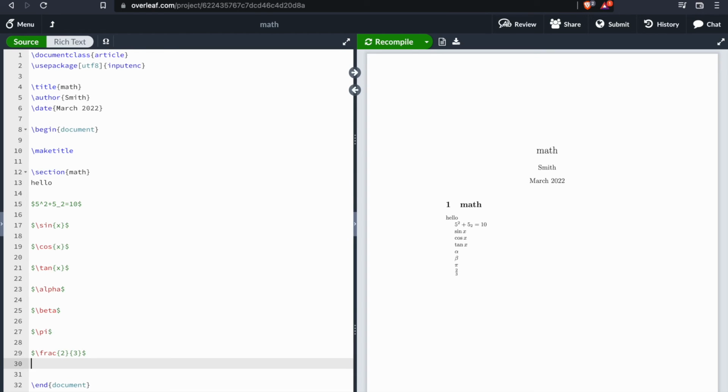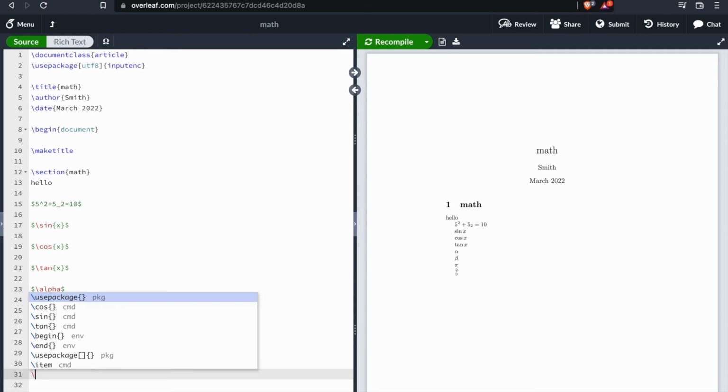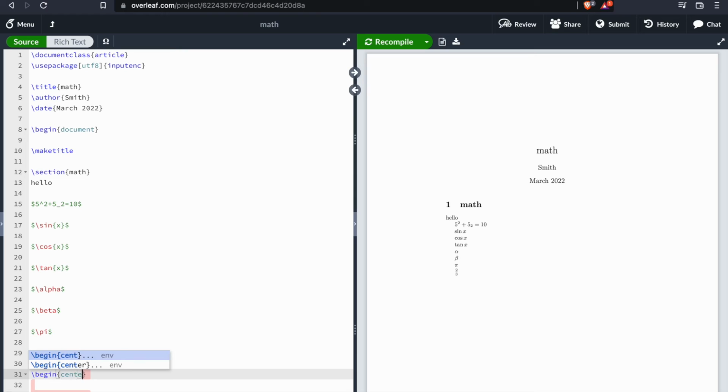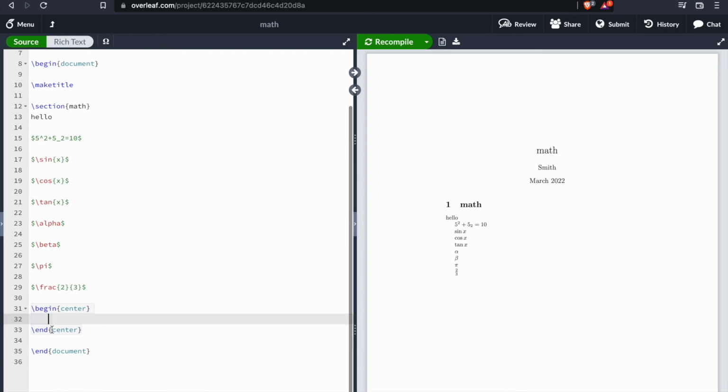And then if you want to center it, I usually do backslash begin, press enter so the brackets can appear, begin center, and then once you press begin center, press enter right there, and in between you could just write your equation. So you can just go back to 5 plus 5 equals 10, recompile, and there we go.